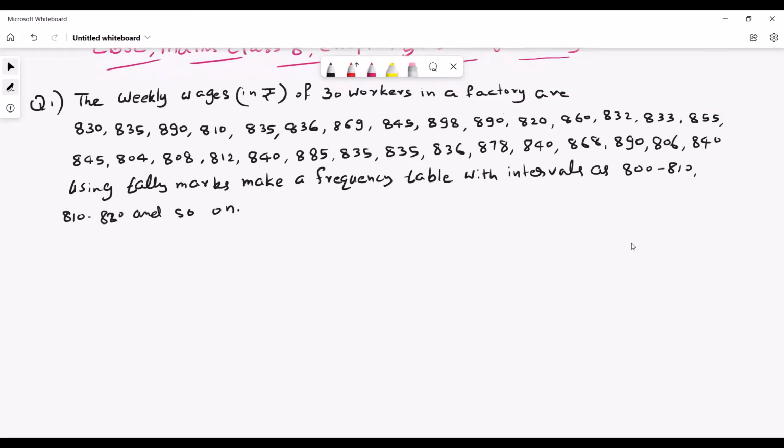So for this, we will make the groups, otherwise known as intervals, starting with 800 to 810, that is, how many people are getting weekly wages between 800 and 810 rupees. First of all, let us make the groups, otherwise intervals.